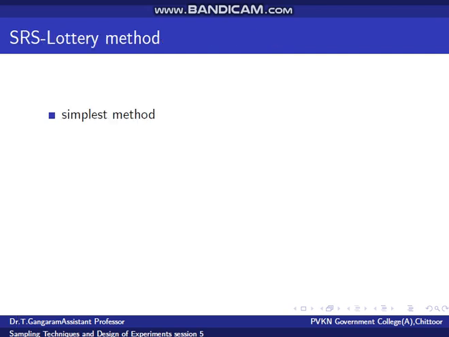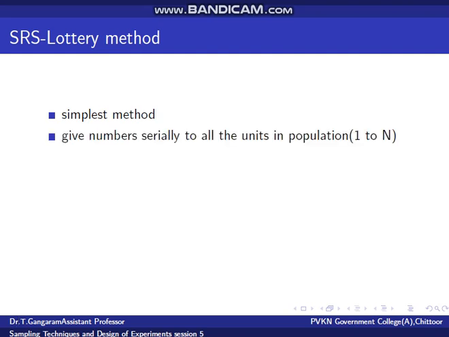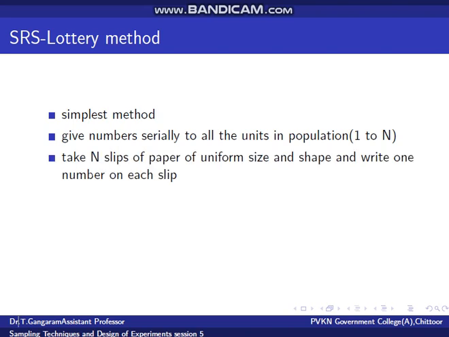First, look into simple random sampling with the lottery method. This is the simplest method. Everyone knows the lottery method. Here we have to give numbers serially to all the units in the population, that is from 1 to capital N. Take N slips of paper of uniform size and shape and write one number on each slip.